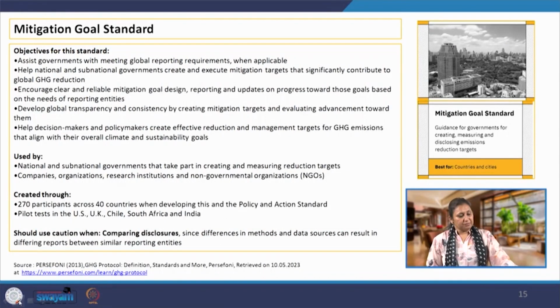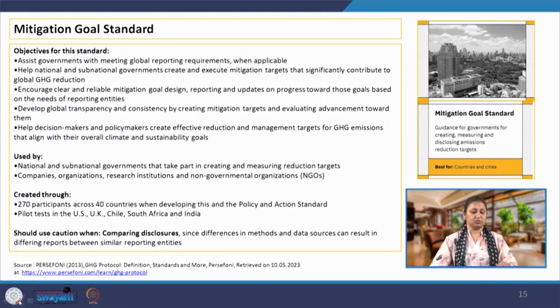Then we have the mitigation goal standard. This is helping national and subnational governments in creating, measuring and disclosing emission reduction targets. So, when we say that India aims at becoming a net zero emission country by 2070, how will it do that or how will it report that?